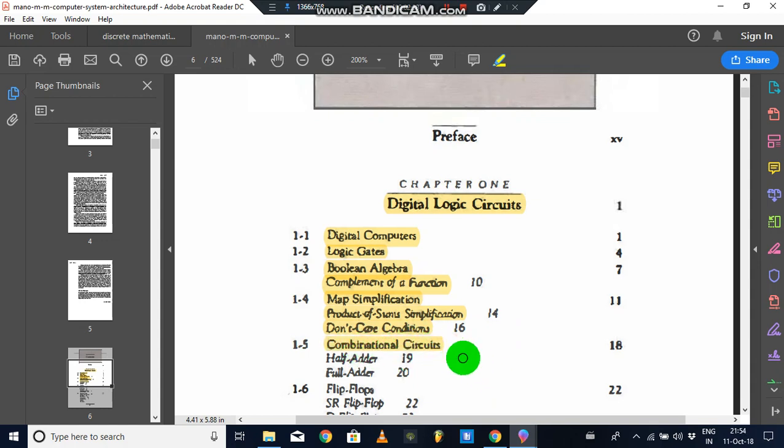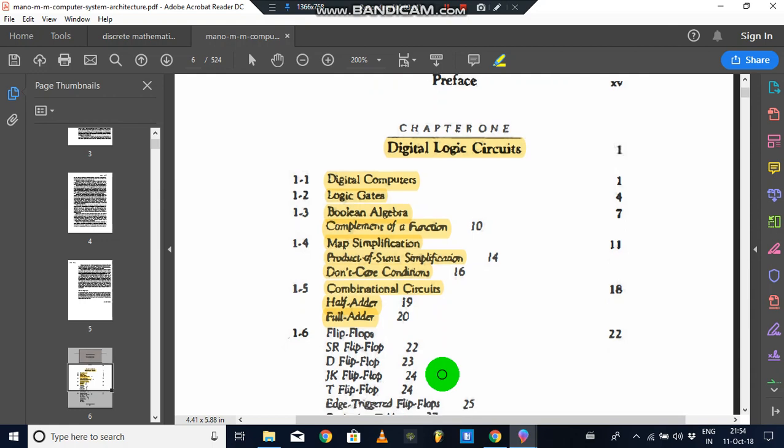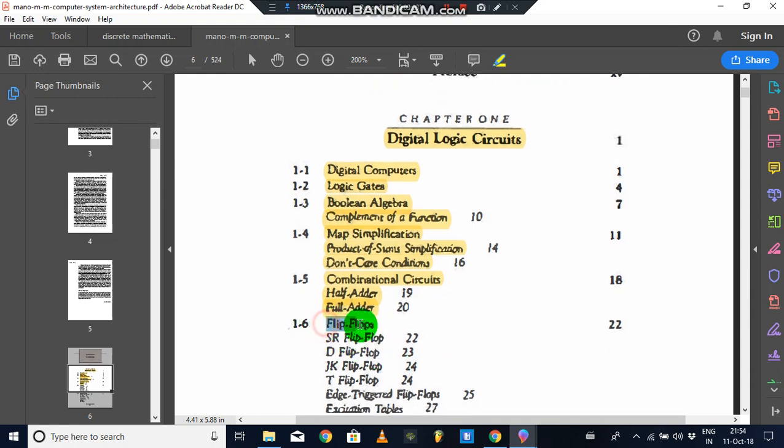This topic is most important in your GATE exam, and to develop any circuit by using gates: NOT, NOR, XOR, NAND, and what is the half adder, what is the full adder, and what is the flip flop.